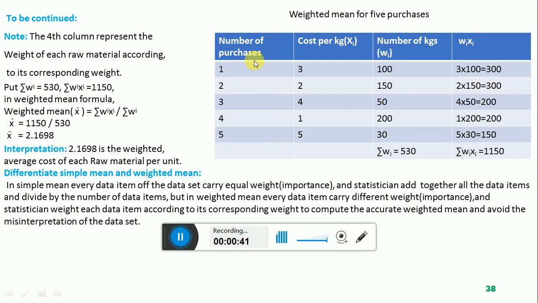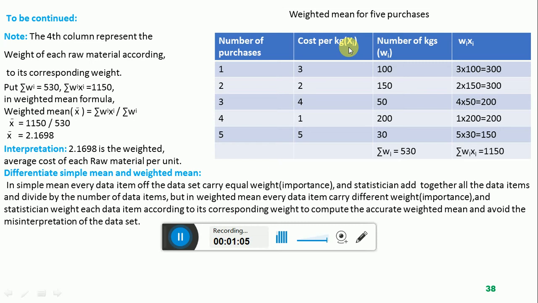The first column represents the number of purchases. 1 defines the first raw material, 2 the second, 3 the third, 4 the fourth, and 5 the fifth raw material that the purchasing agent is going to purchase for a company.